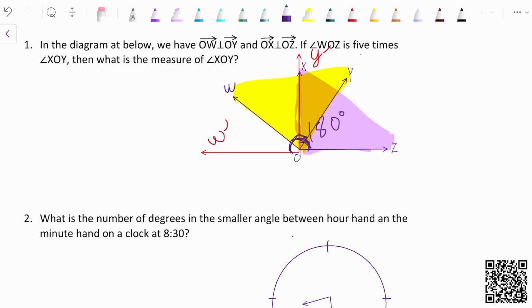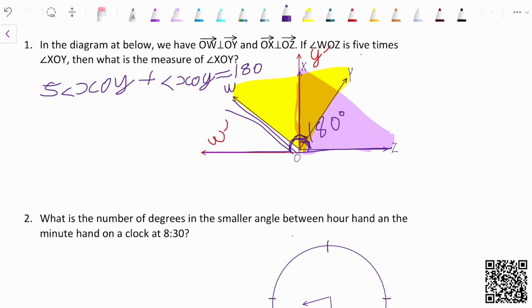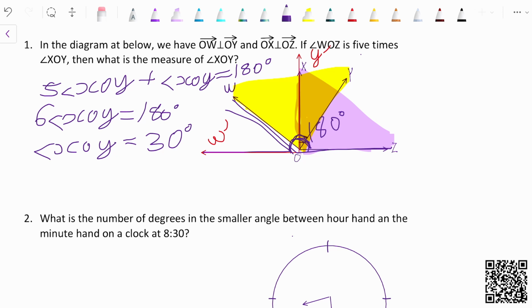So this is WOZ, this is XOY, therefore 5 angle XOY, aka WOZ, plus angle XOY is equivalent to 180 degrees, or our straight line. So 6 angle XOY is equivalent to 180 degrees, or angle XOY is equivalent to 30 degrees. Therefore, our final answer is 30 degrees.